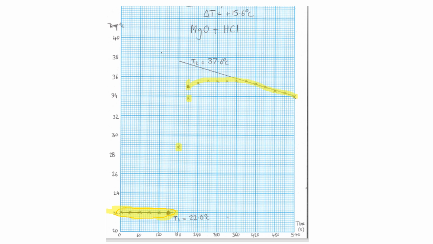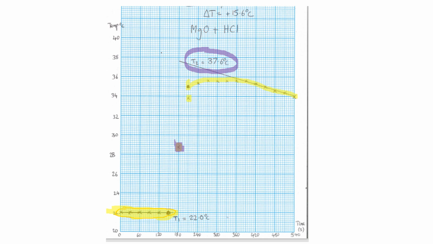To work out delta T, you take your cooling line here and extrapolate back to the time of mixing, which in this case would have been about 180 seconds. So you extrapolate back to the time of mixing. I think that's an anomalous result there. And T2 was 37.6 degrees. I used a thermometer that's accurate to 0.2 of a degree Celsius for this.